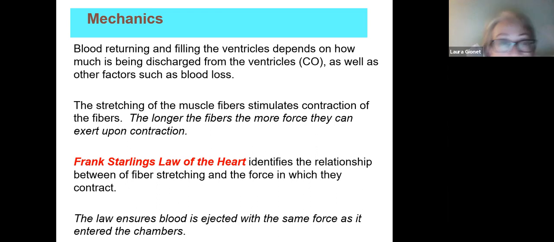So what does this mean? It's sort of like different size rubber bands. A small rubber band can only stretch so far, and when you stretch it maximally and let go, it's only going to recoil so forcefully. But the longer the fiber is and the thicker it is, and the more you stretch it, the harder it recoils, right?